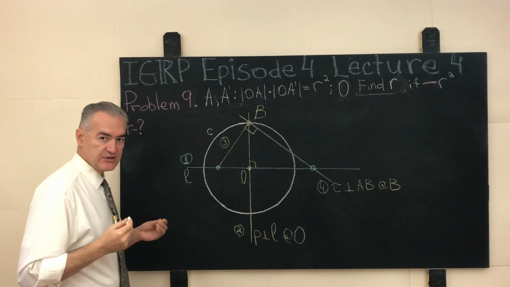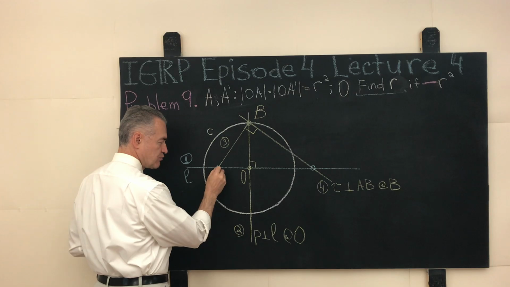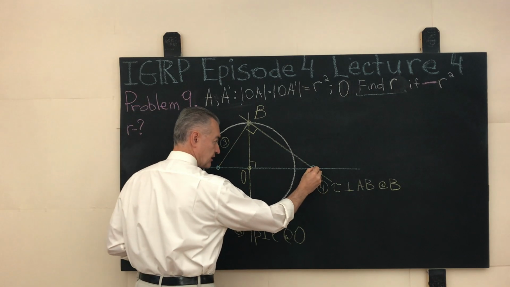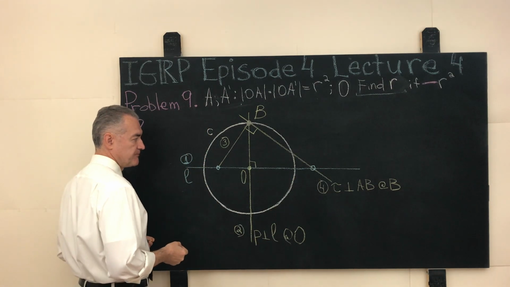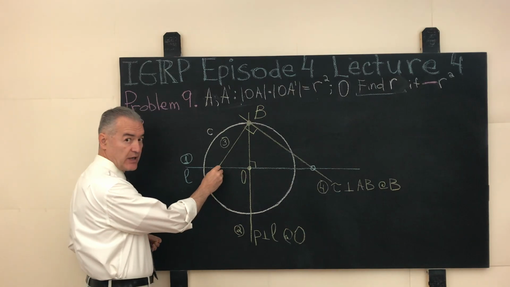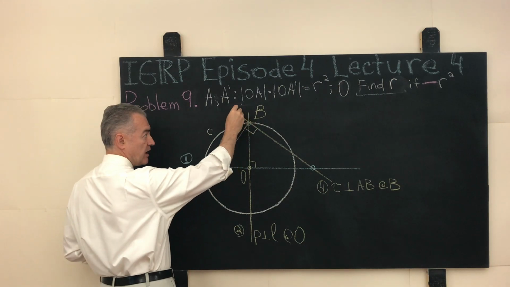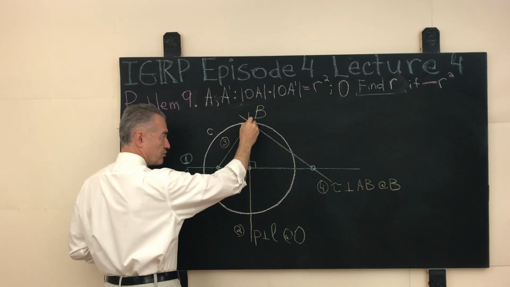Notice how beautifully the symmetry of this construction works, because whether the pre-image point is located strictly inside or strictly outside of the circle of inversion, that construction works either way. If the pre-image point is located strictly inside of the circle of inversion, we connect that point with the point B, and we snap a perpendicular to that line segment through that point.